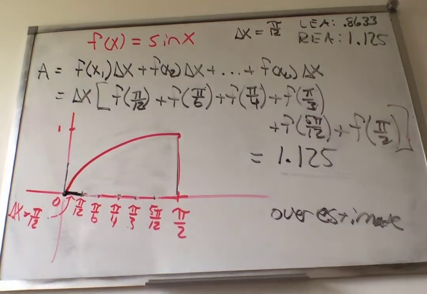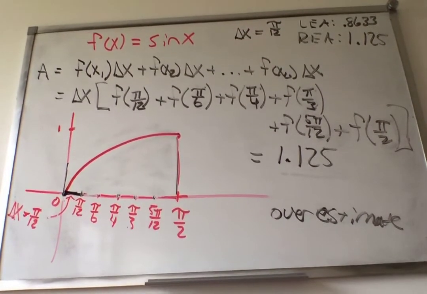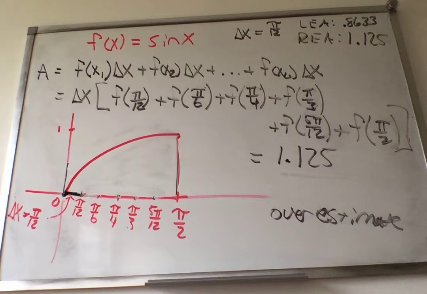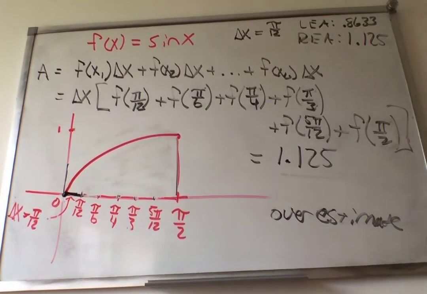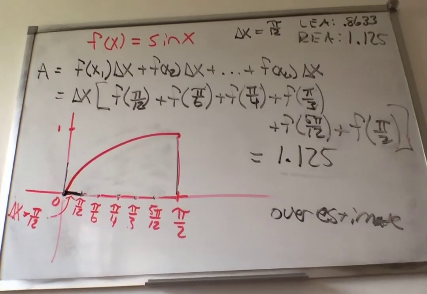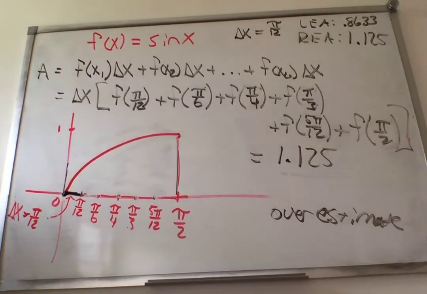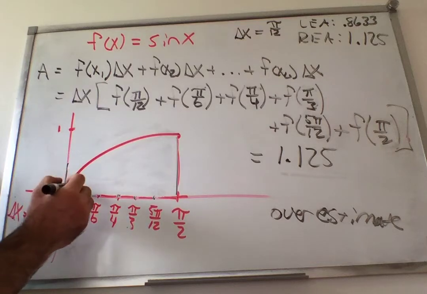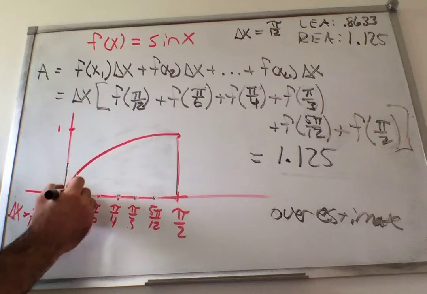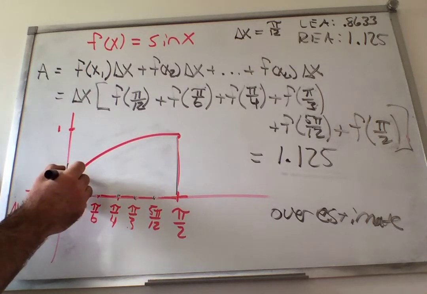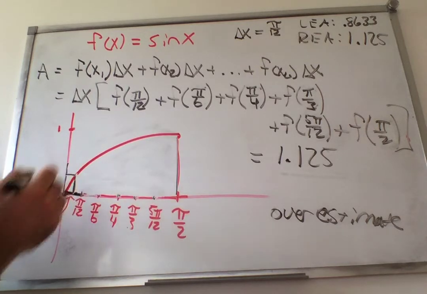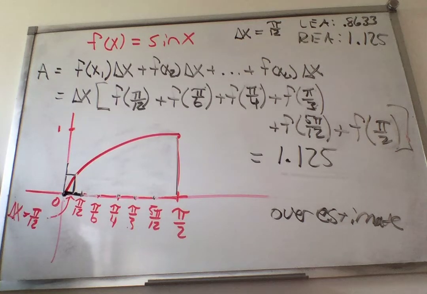So for a midpoint approximation, what you do is you draw your rectangles based on the midpoint of the interval. Okay? So if I were to find the midpoint of this interval right here, I'm going to draw my rectangle like that.